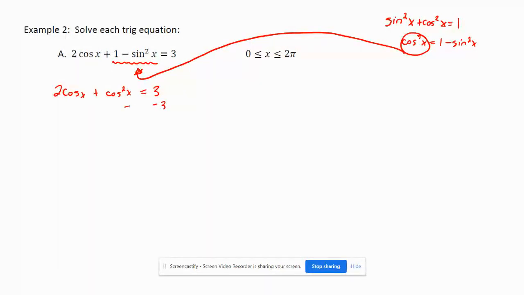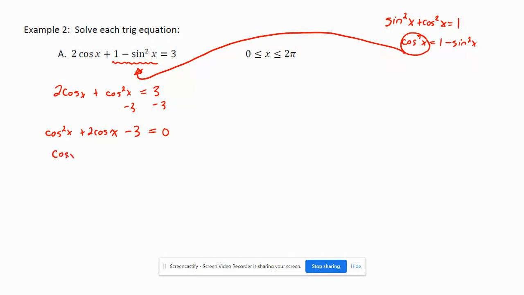I'm just going to go minus 3, minus 3, and now we have cos squared x plus 2 cos x minus 3 equals 0. So now we have one equation that just has cosines in it, and now we're just going to solve this guy by factoring.